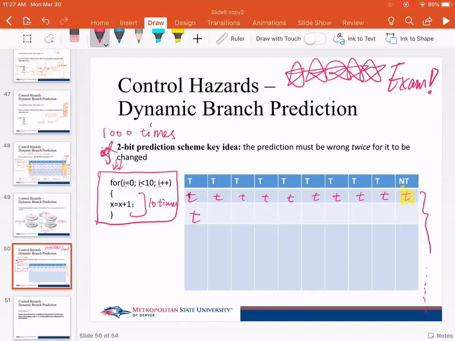So I have been wrong once. It doesn't really matter. I will keep my T prediction, and luckily it is correct the next time you execute the whole program. And then there won't be any other problem in the columns in the middle until you get to the last row again, the last column again.